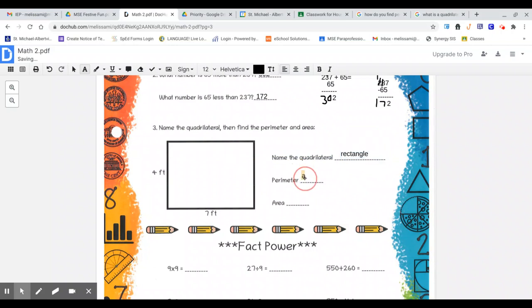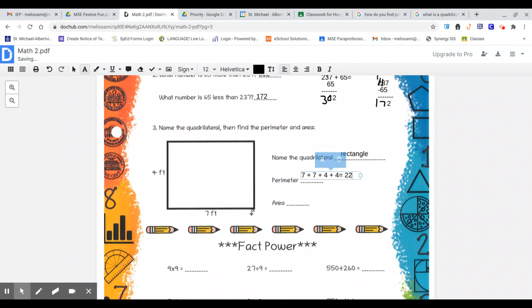And the perimeter, we're going to need to do some math together here, okay? We go 7 plus 4 plus 4 equals. So 4 plus 4 is 8. 8 plus 7 is 15. 15 plus 7 is 22. So that is our answer for the perimeter.